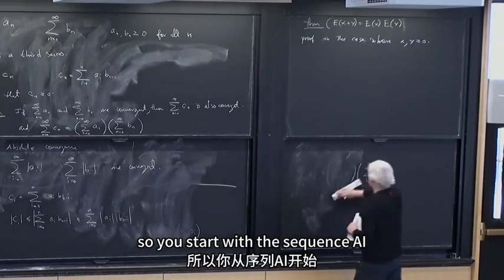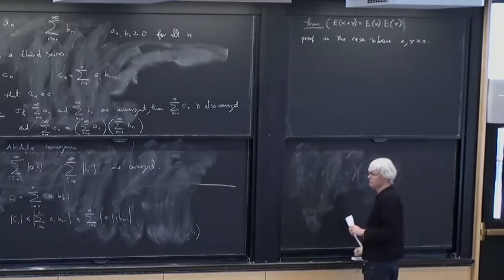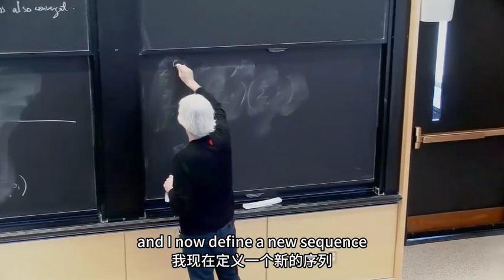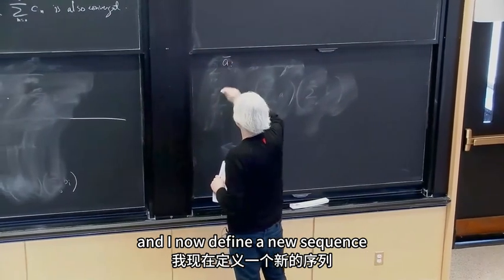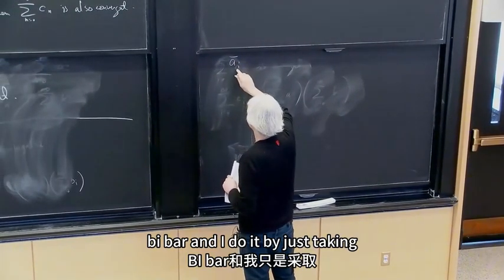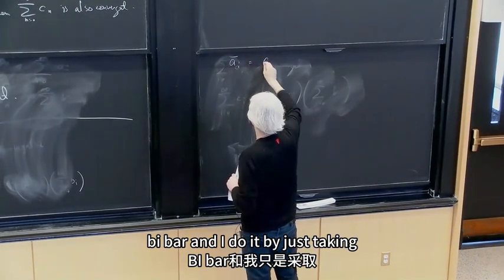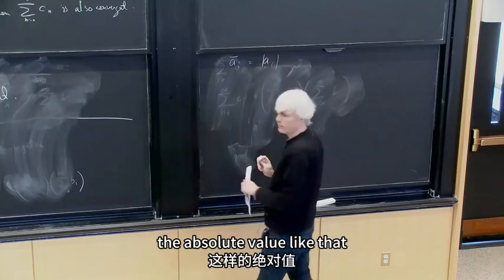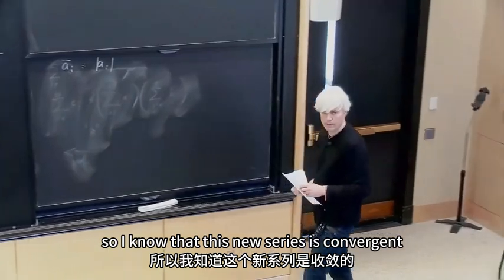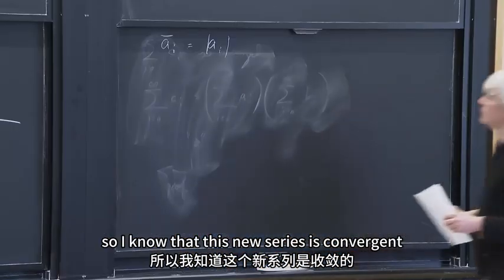So you start with the sequence ai, and I now define a new sequence ai bar, by just taking the absolute value like that. So I know that this new series is convergent.